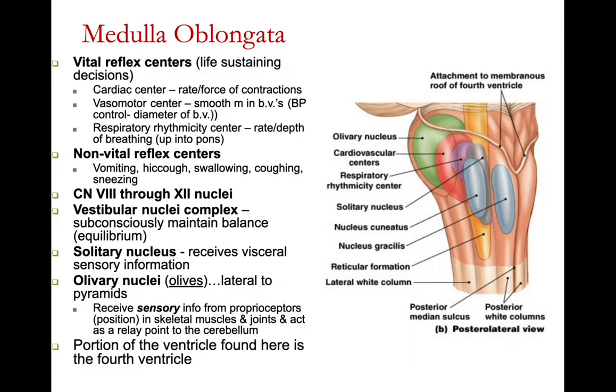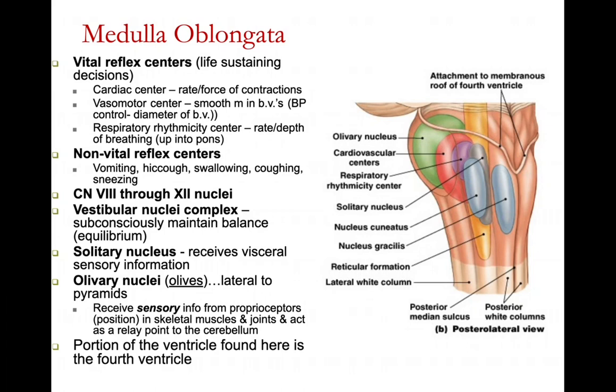So your cardiac center is going to control the rate and force of contractions. The vasomotor center is going to control smooth muscle in the blood vessels. So it will end up influencing blood pressure control and the diameter of the blood vessels. You have a respiratory rhythmicity center that will control the rate and depth of breathing. That will extend up into the pons.